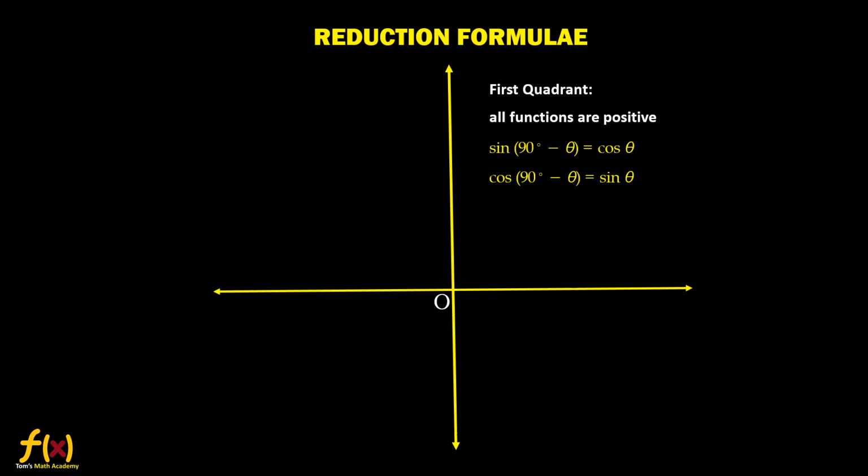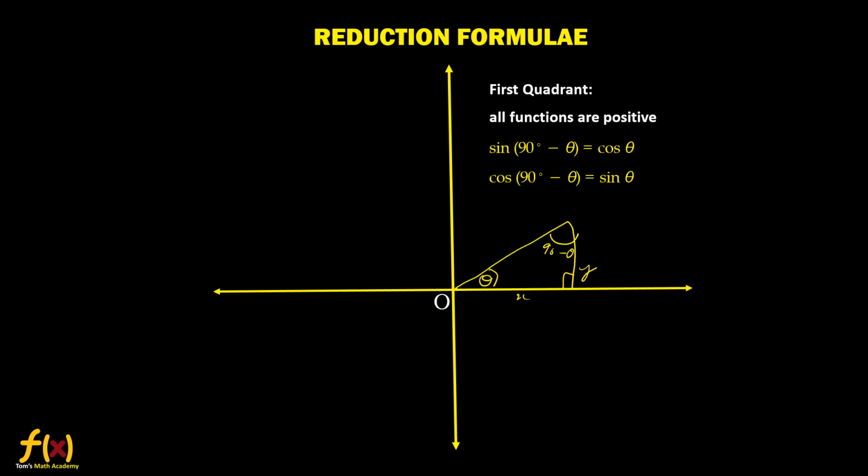So for your knowledge, let me explain it a little bit. Here is the triangle, 90 degrees here. If this angle is theta, this is going to be 90 minus theta. You understand? So this is X, this is Y. Let us talk about only 90 minus theta.